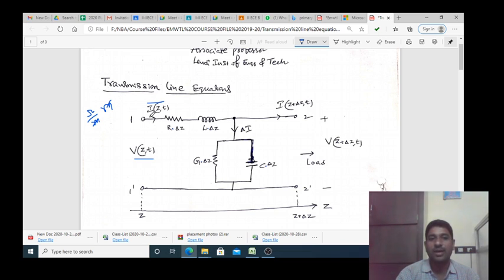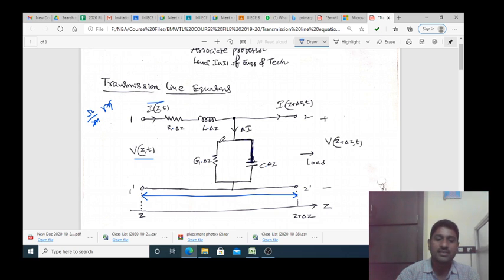Similarly, whenever you are passing the current from the input port to the output port, at the output you may receive either equal current or less current. So here the input current is I of z comma t and the output is I of z plus del z comma t, where del z is the length of the transmission line. Similarly, the voltage is V of z plus del z comma t. So that is the transmission line.